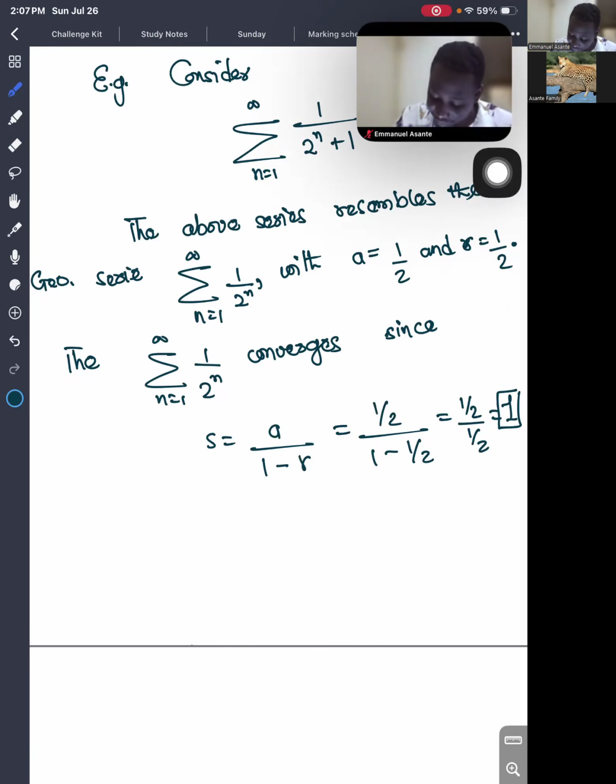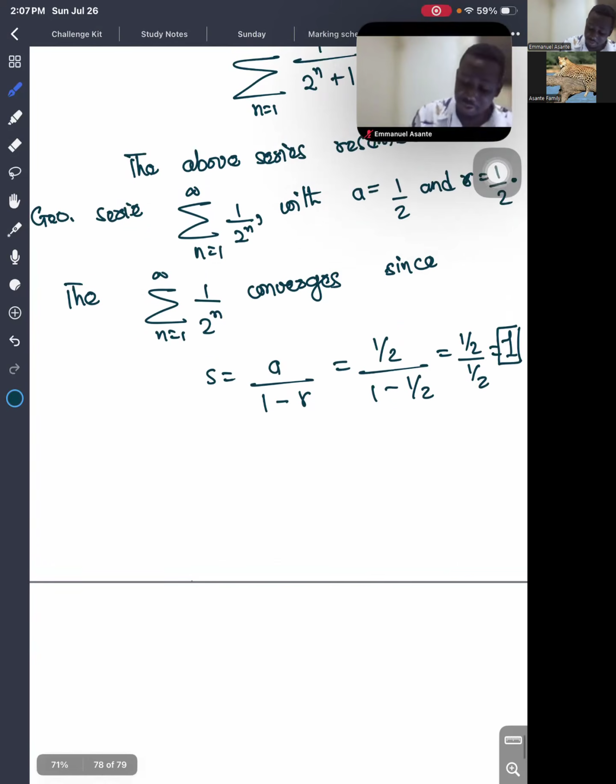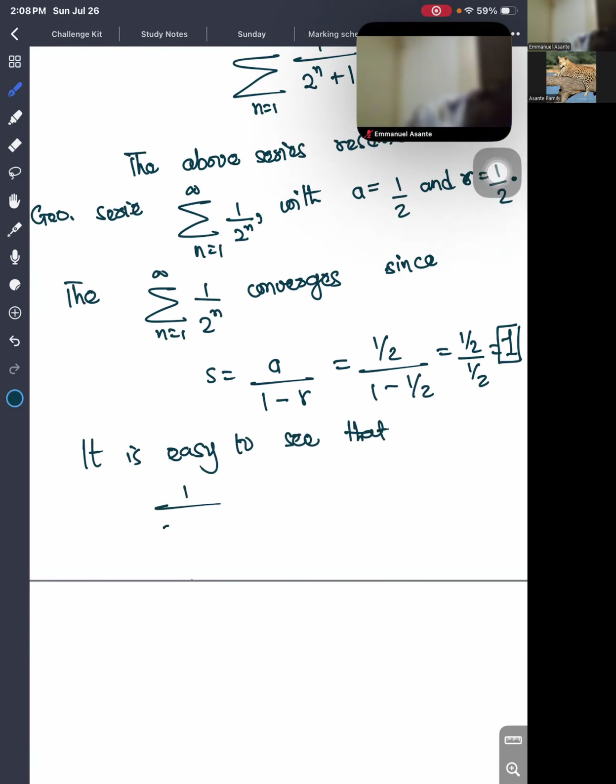So what else can we say? That is what we know about the geometric series. It is easy to see that 1 over 2 raised to the power n plus 1 is strictly less than 1 over 2 raised to the power n for all n greater than or equal to 1.